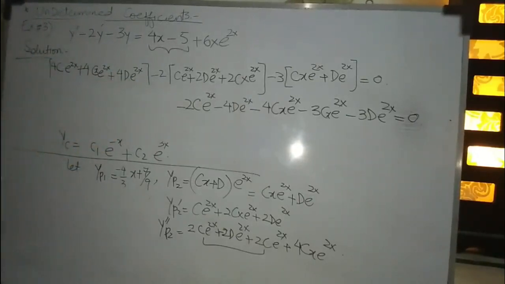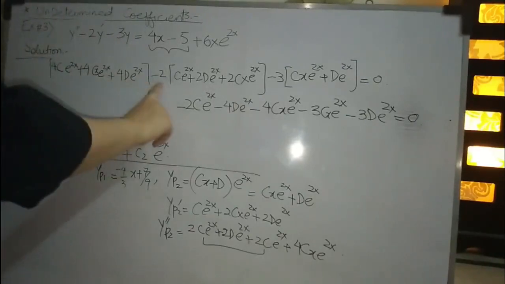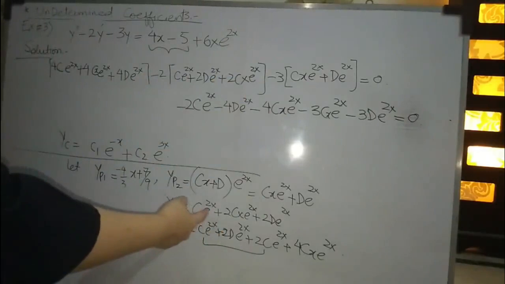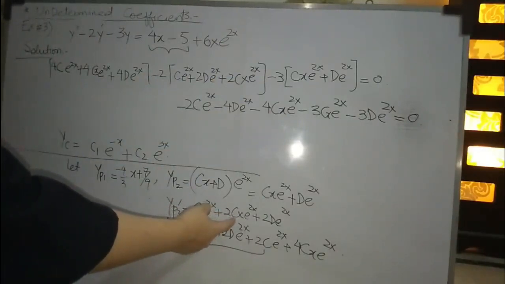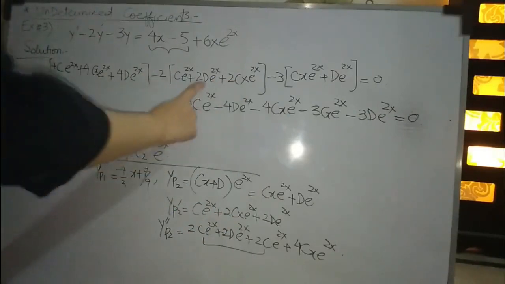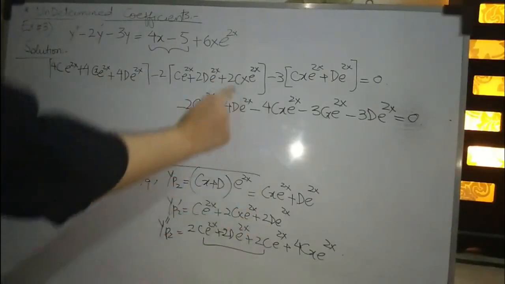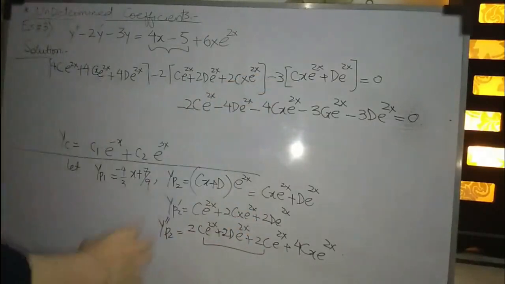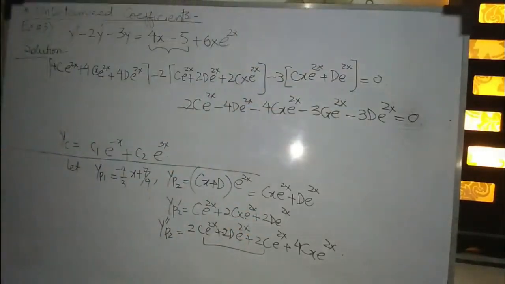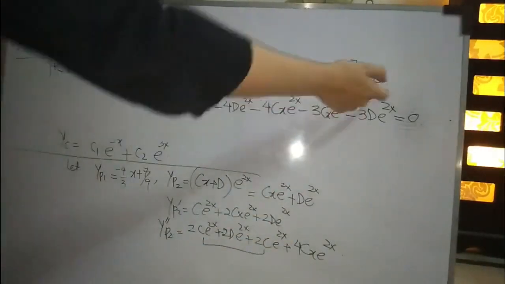So that is yp double dash minus 2 into yp dash. Yp dash is c e to the power 2x plus 2d e to the power 2x plus 2 into c into x e to the power 2x, that is the first derivative, minus 3 into cx e to the power 2x plus d, that is simple yp2. So you can replace it, equals to 0.